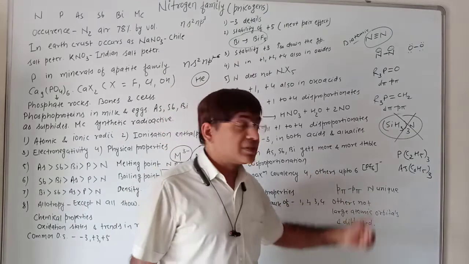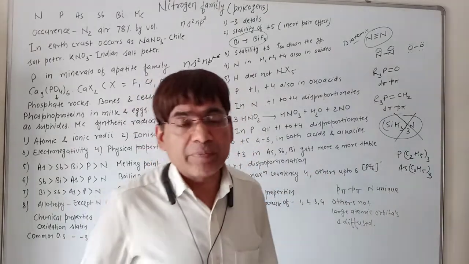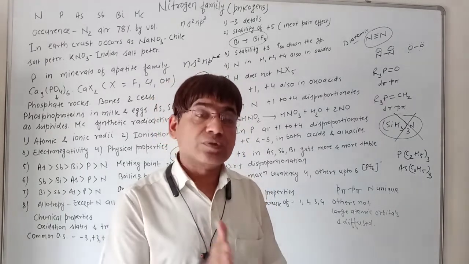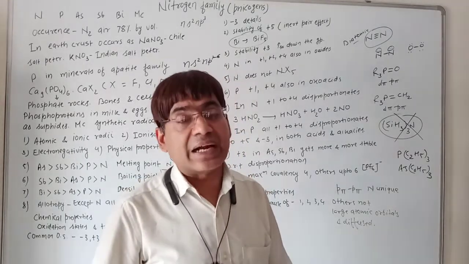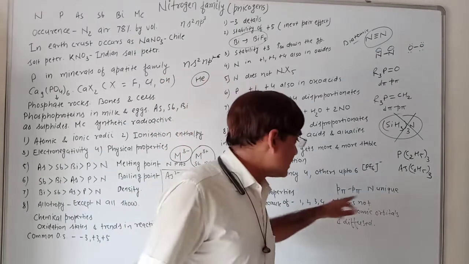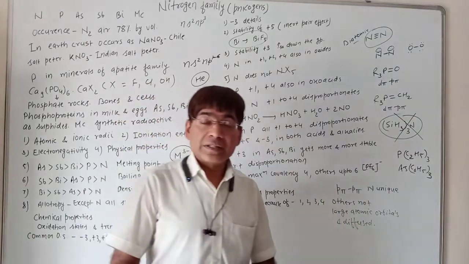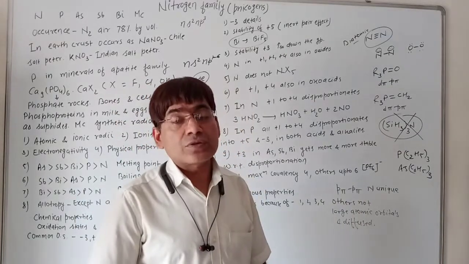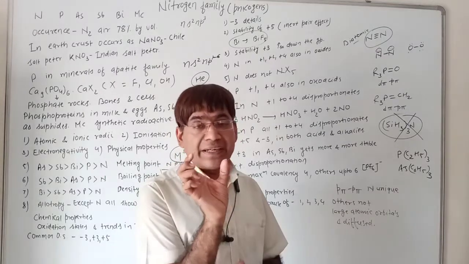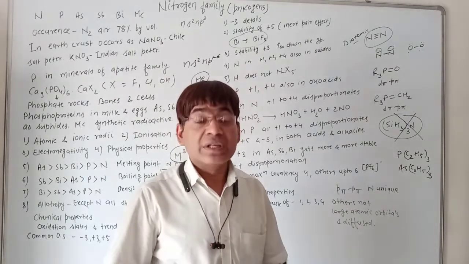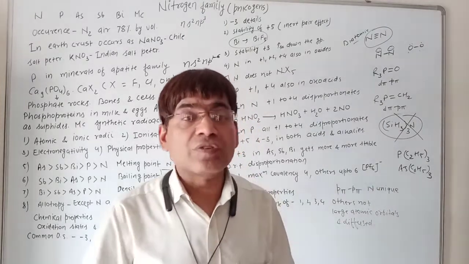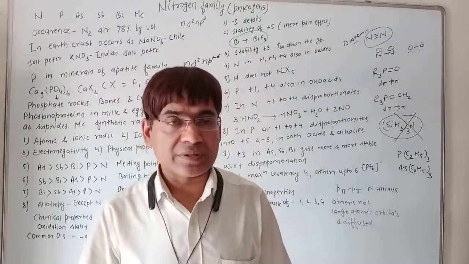This ability is due to its smaller size, so the bond length is shorter and the two atoms are quite close, making sidewise overlapping of p orbitals possible.